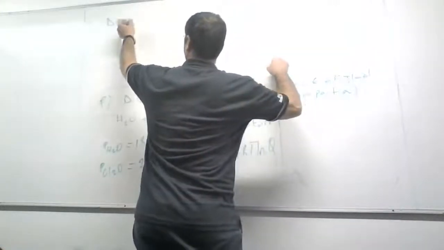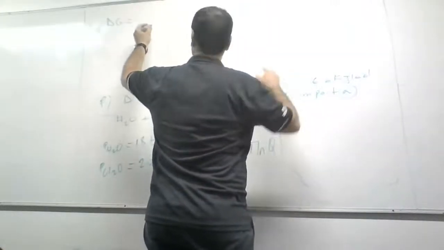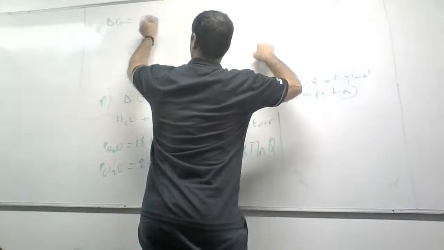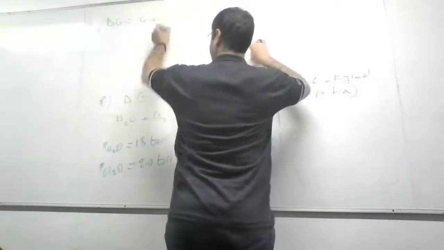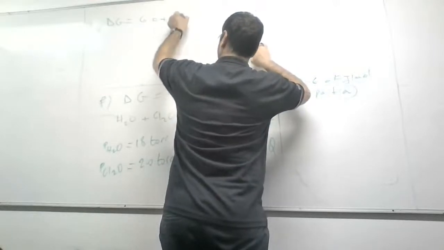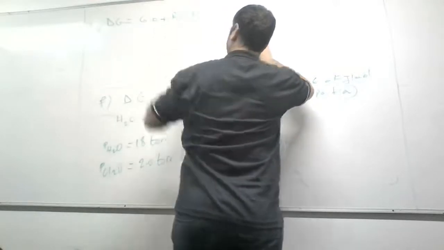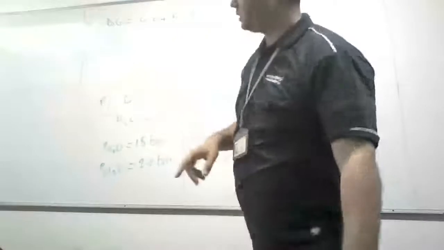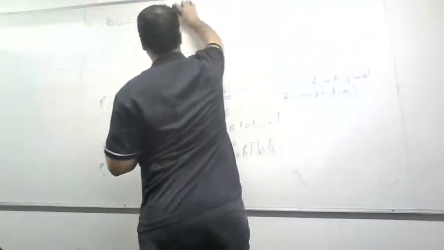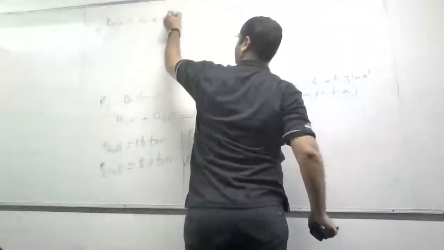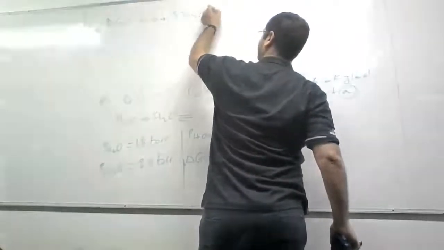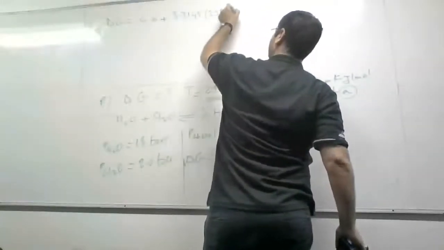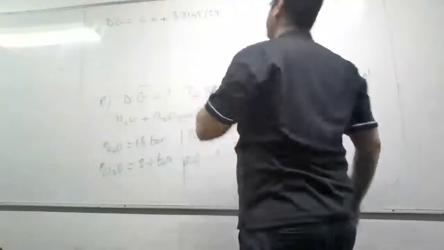Let's say if you take it in kilojoule, it will be 6.0 kilojoule per mole plus R. The temperature is 298. Here I will write R, I will substitute R by its value, 8.3145 times 298, that's RT, and Q now.